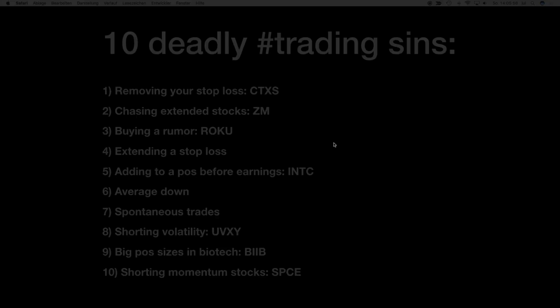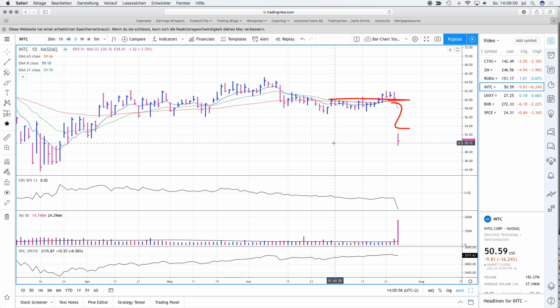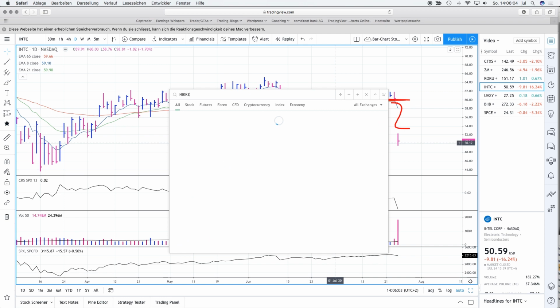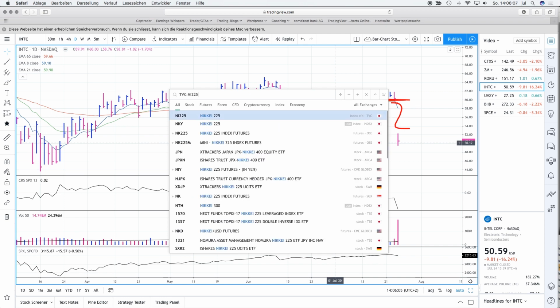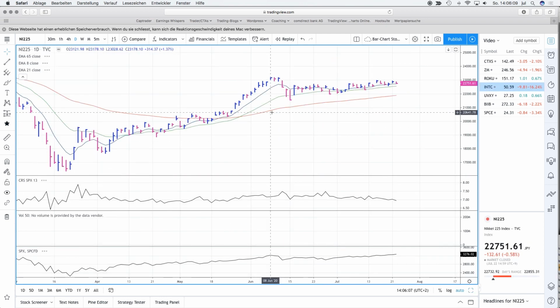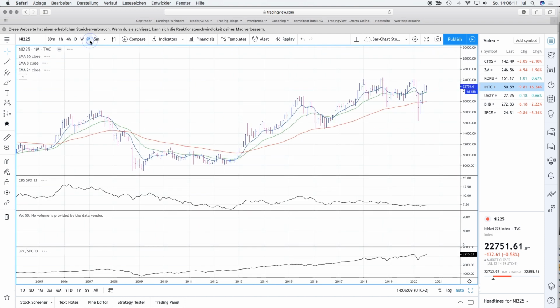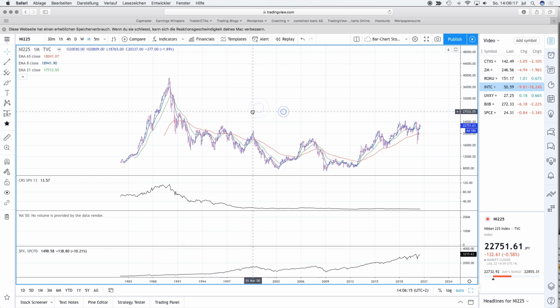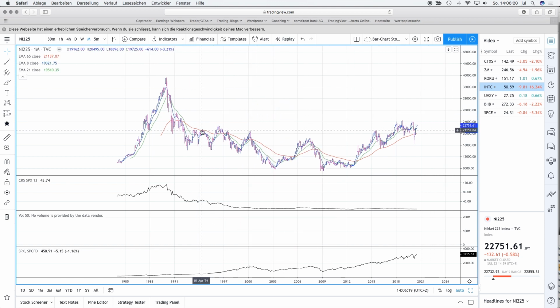I want to give you one example I forgot in my list, and this is the Nikkei index. If I load the Nikkei index in the monthly chart, you can see that the Nikkei went sideways for almost 25 years.